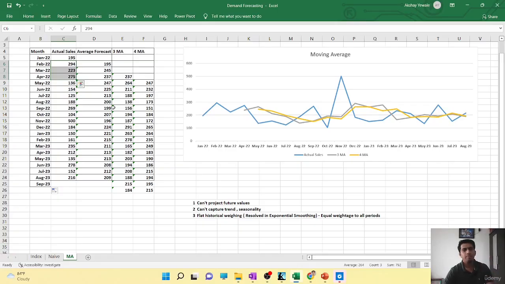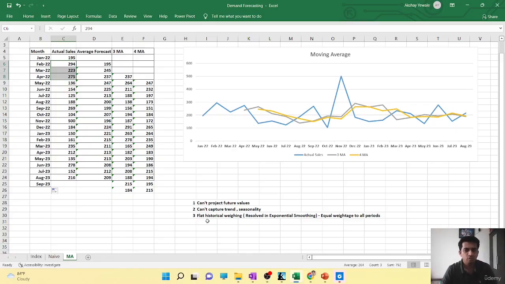Different variations you can do in giving different weightages, but giving more weightage to the recent period is always a criterion. So that can be another variation in the moving average, which is the weighted average, which I have not plotted here, but you can get the formula easily on the internet.